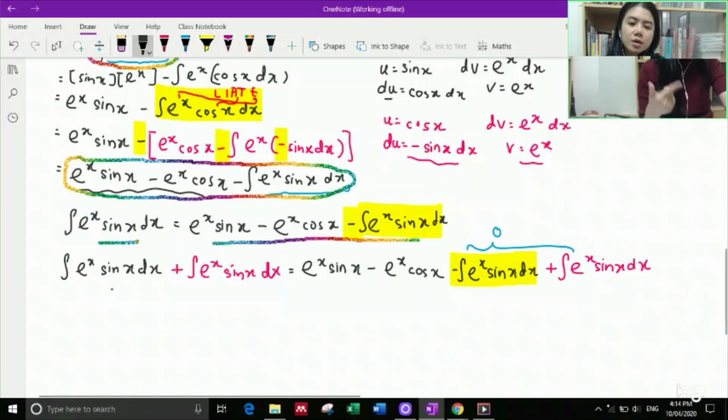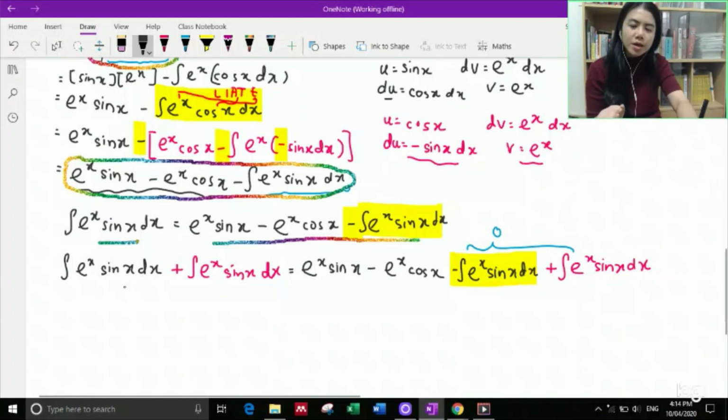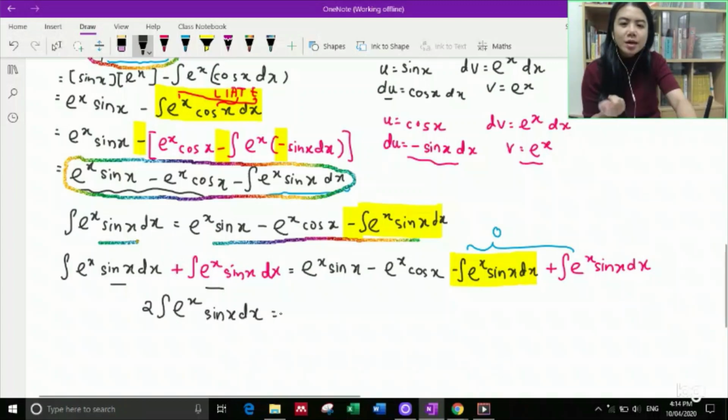Imagine you have one orange and another orange, so you add the two together and you have two oranges. So what is your orange? Your orange is actually the integral of e^x sin x. What happens to the right hand side? The right hand side you have e^x sin x minus e^x cos x.